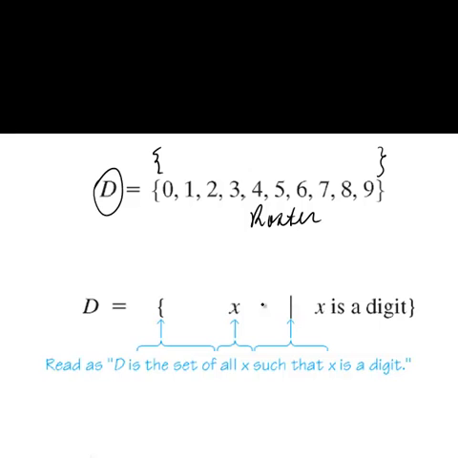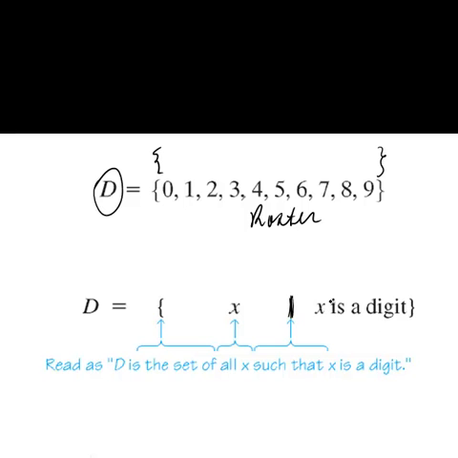Another way of defining a set is by listing some sort of property. Using set builder notation, we still have an opening and closing curly brace, but then we use x, it could be y or n or some other letter of the alphabet. And then we have this little vertical bar here.